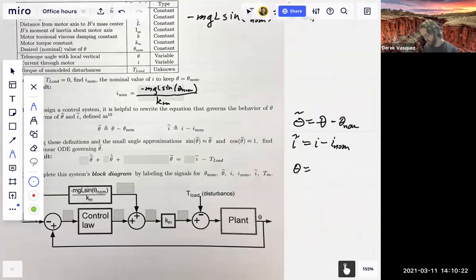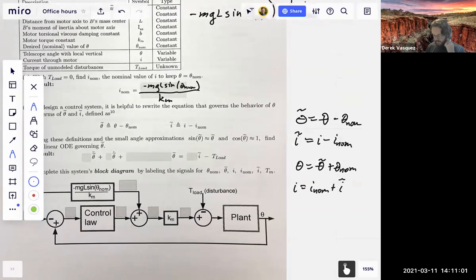So theta is equal to theta tilde plus theta nominal, and I, sorry, 1 second. I'm looking between two different versions of the textbook here, making sure things are right. Yeah. And so then I is equal to I nominal plus I tilde.